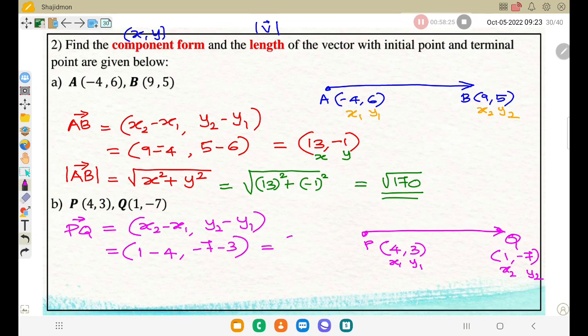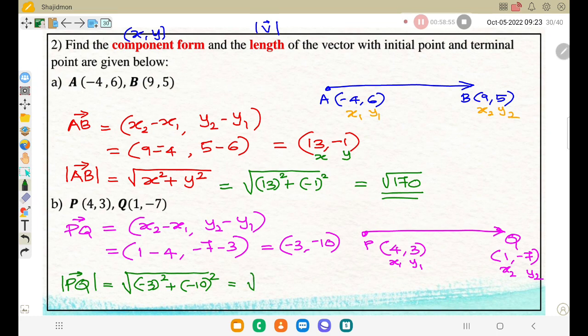So we get the ordered pair: 1 minus 4 is minus 3, and minus 7 minus 3 is minus 10. Hope you understood. Now we calculate the absolute value of vector PQ, which is the root of, by the same rule, x square plus y square: minus 3 square plus minus 10 square. Minus 3 square is 9 and 10 square is 100, so the result is root of 109. Hope you understood these questions.